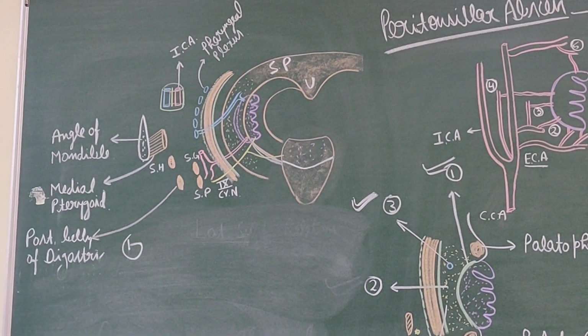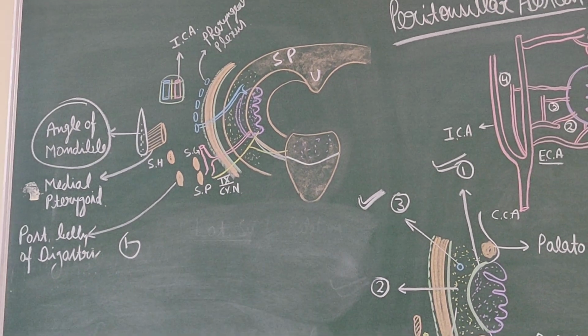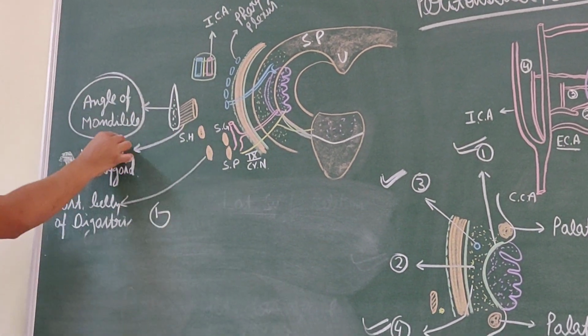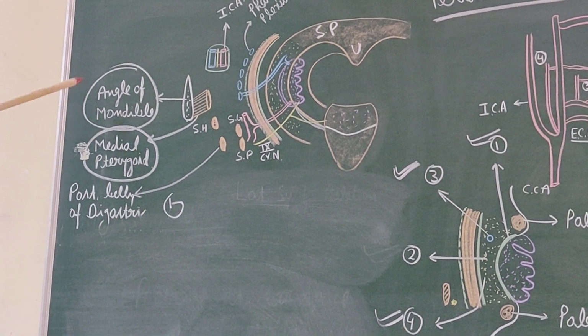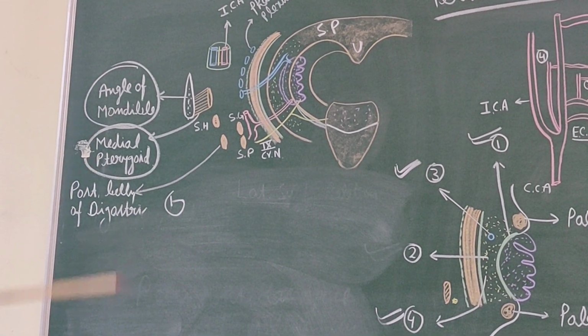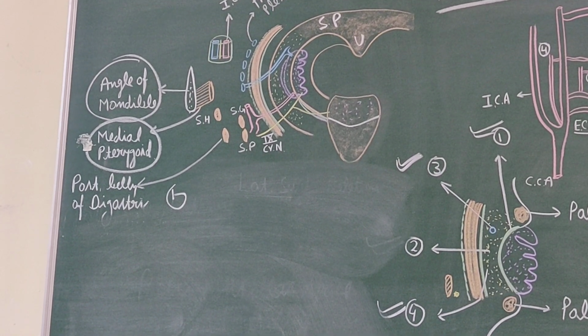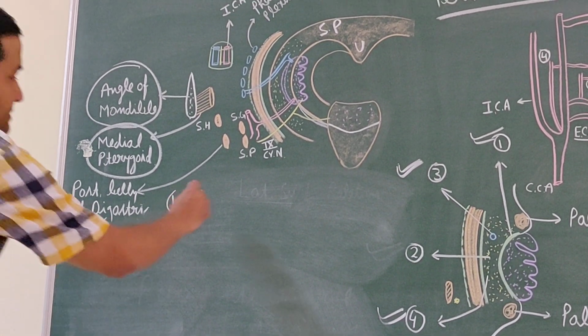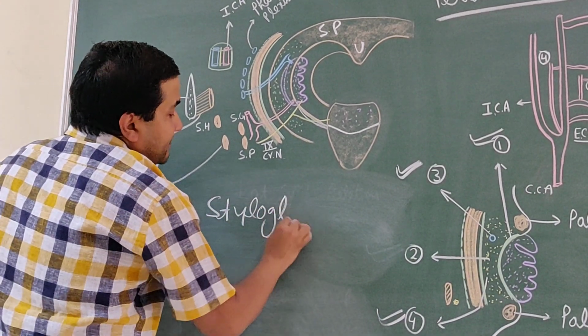These are the important structures. What are the structures? It is the angle of the mandible, and its medial surface provides insertion to the medial pterygoid. So it is the angle of the mandible along with the medial pterygoid muscles. Then it is the styloglossus muscle.